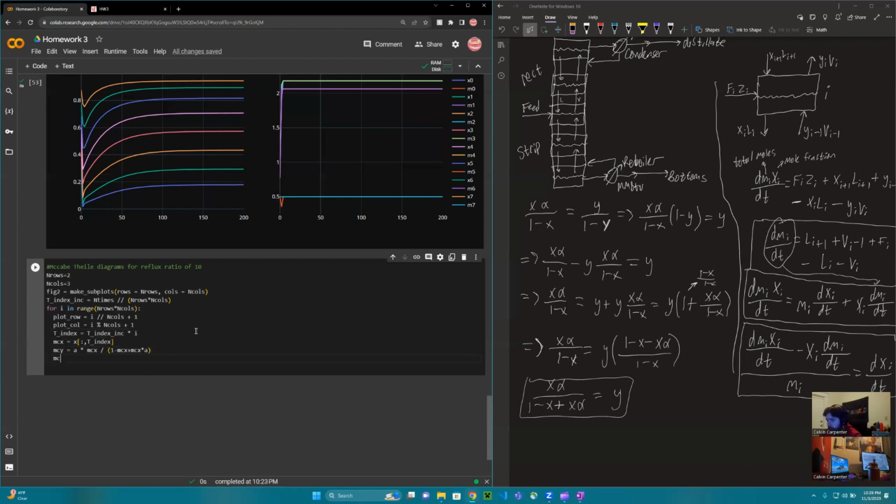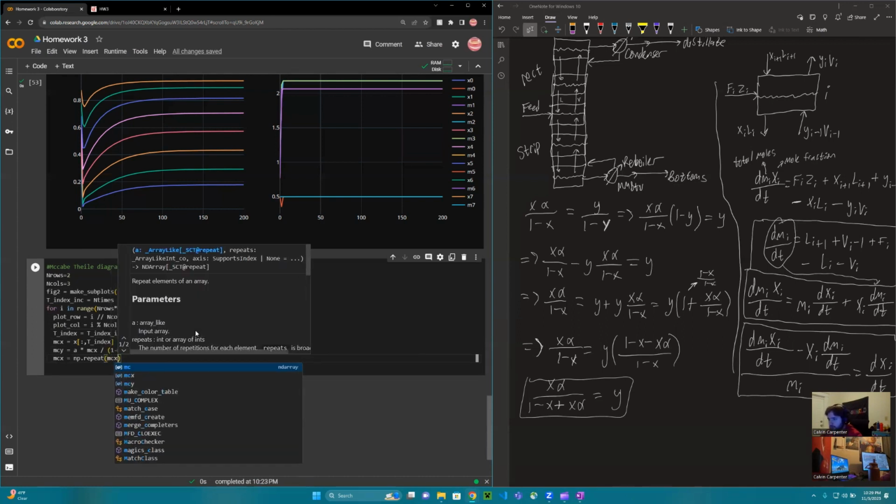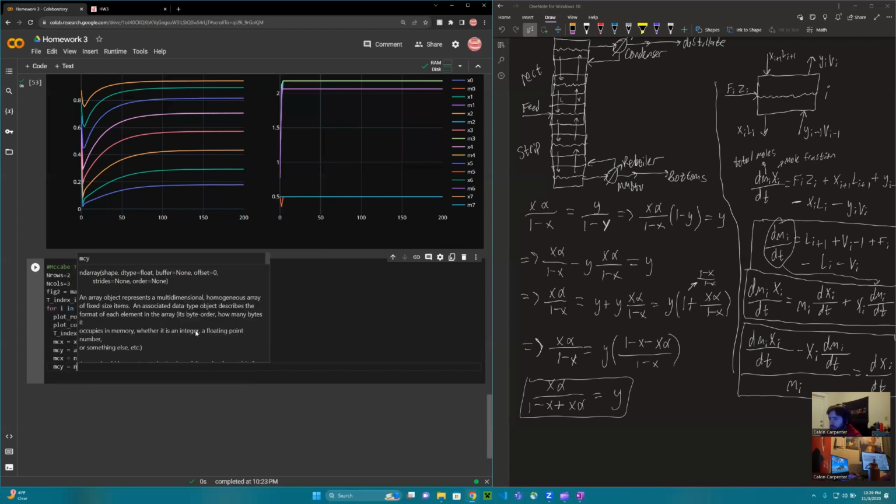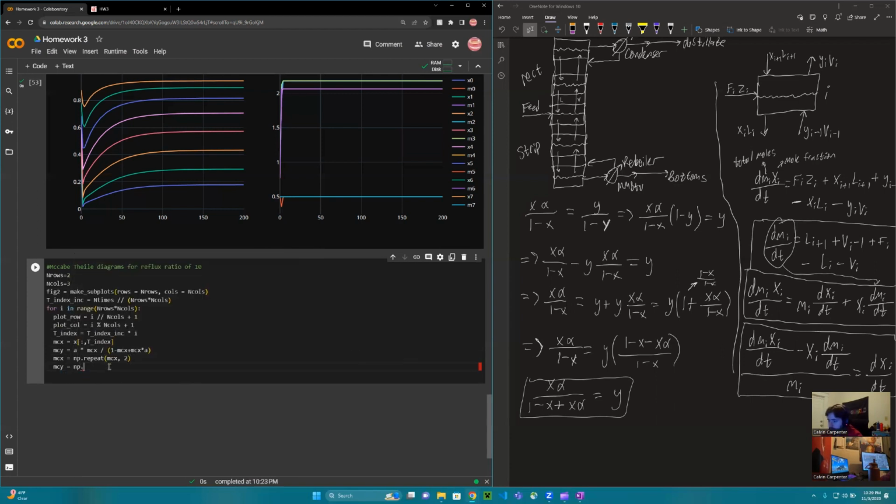And then MCX is equal to np.repeat in parentheses MCX comma 2, MCY equals np.repeat MCY comma 2, MCY 1 close bracket is equal to MCY.